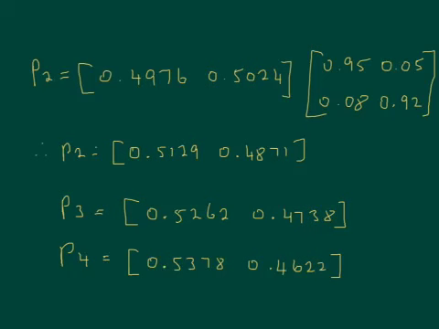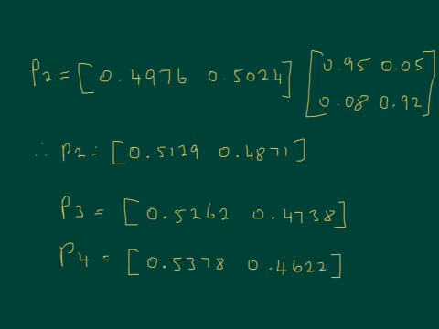So how do we interpret that again? What we are saying here is that according to this model, which has probably got a few hairs on it, after 4 weeks the market share for Bill will be 53.78%, and Ben will be 46.22%. Remember that Bill started on 48%, so he's gone up a full 5%, and Ben started on 52%.